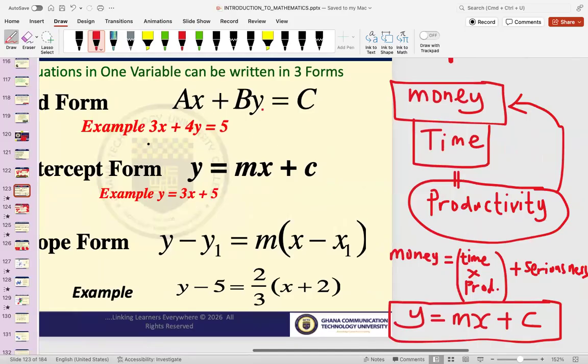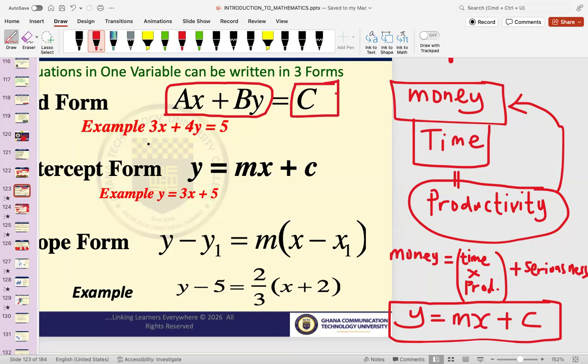Whenever X and Y are on the same side, it means that money and productivity are being given more attention at the same time. And then seriousness is also at the other side.